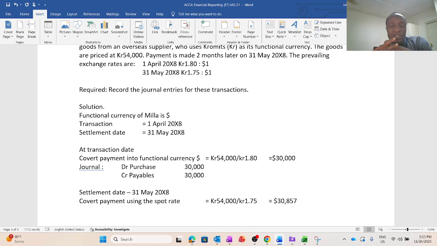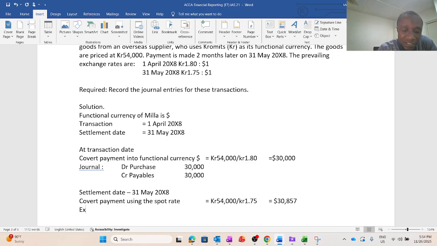If the transaction was settled on the transaction date, it means we are going to pay $30,000 for this particular purchase. But now, if we are going to settle the transaction in 2 months' time, we are going to pay $30,857. So now, the difference between what we're supposed to pay and what we actually are going to pay is the exchange difference.